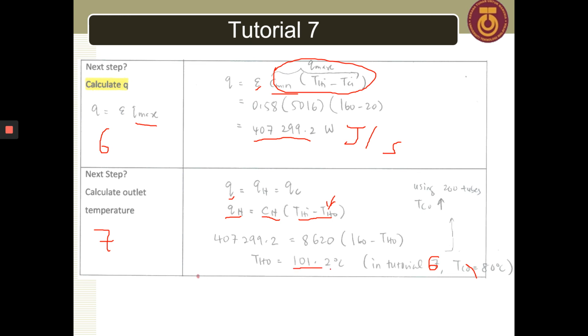THout is unknown. Oh yes, I need to calculate both, right? One moment. I need to calculate also for TCout.